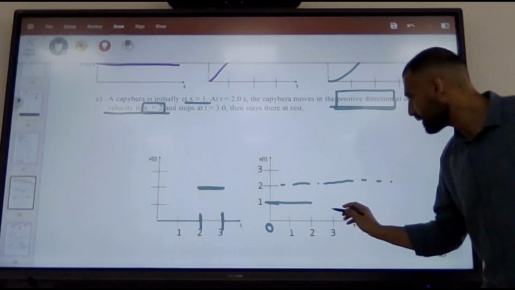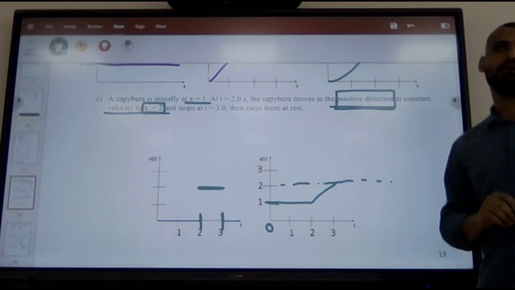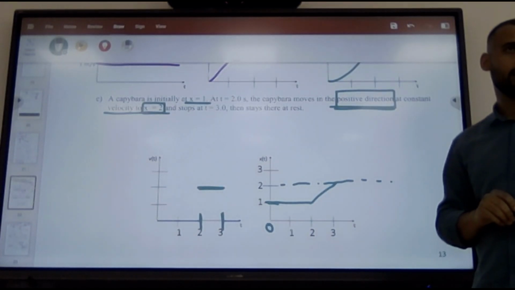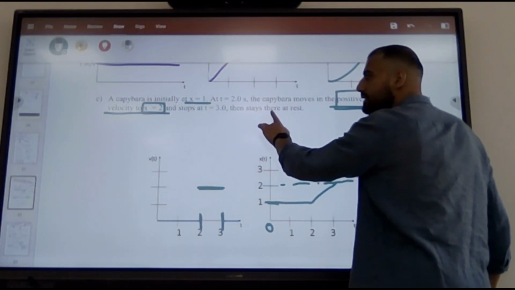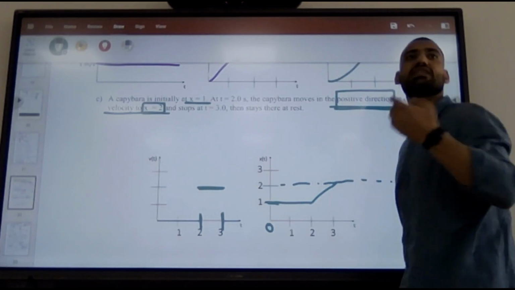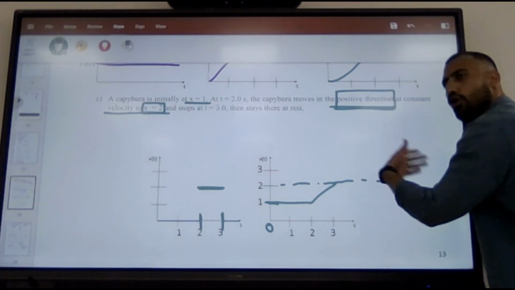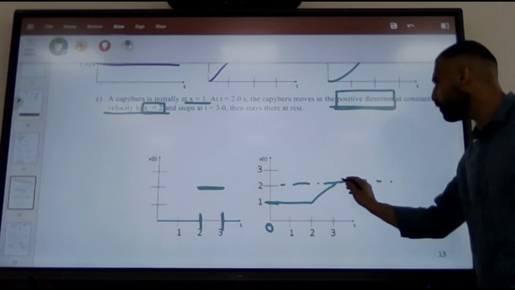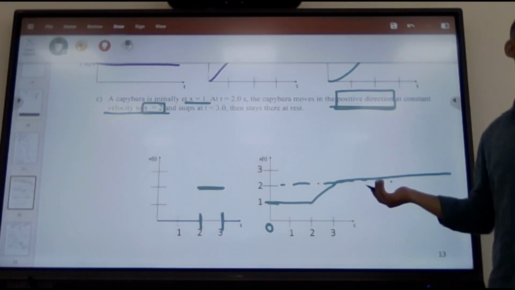With a constant velocity, is it? So the graph will be something like this. Is it clear? So velocity is constant, and then what happens? Then he stays there. When someone is at rest, will his x change? No. Time will go on, but x will not change. X will stay at 2. Is that clear?